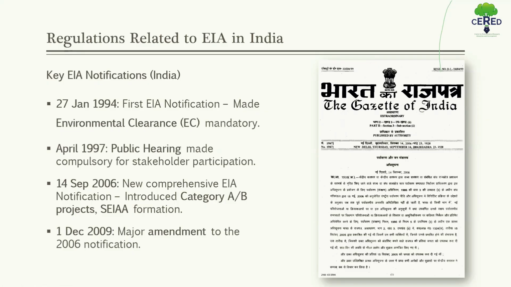A major update came on 14 September 2006, streamlining procedures and introducing clear project categorization. And on 1st December 2009, a major amendment to the 2006 notification was made. This is the sample of the 2006 notification. I will share it with you all in the group.